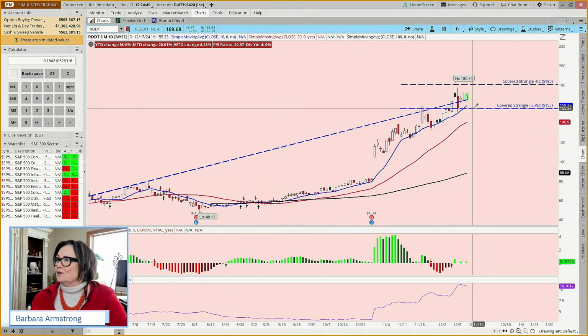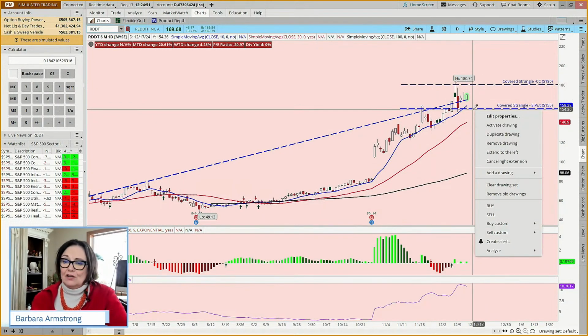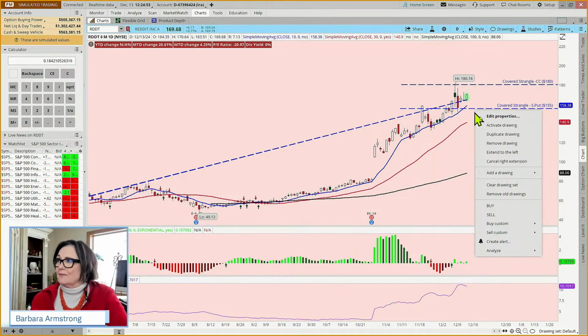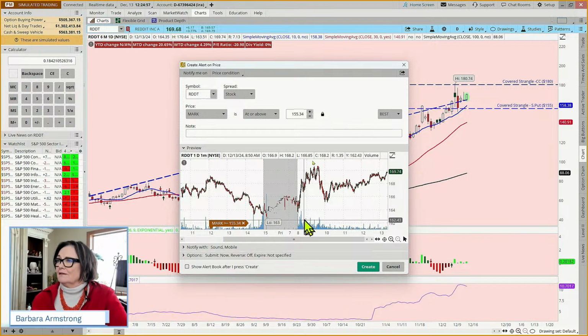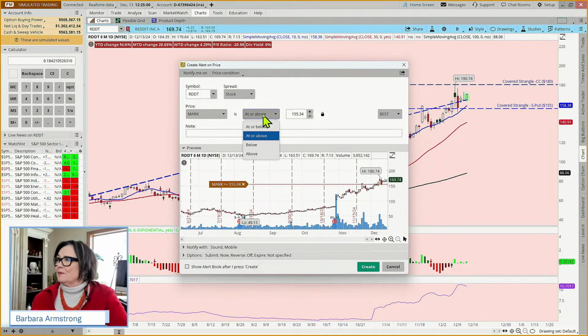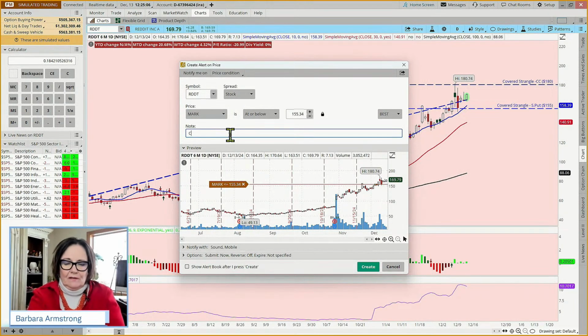So if it gaps down, we could end up losing. There's no doubt about it. But we are going to put in an alert here that just says, hey, if this goes below 155, covered strangle, do we exit the position?